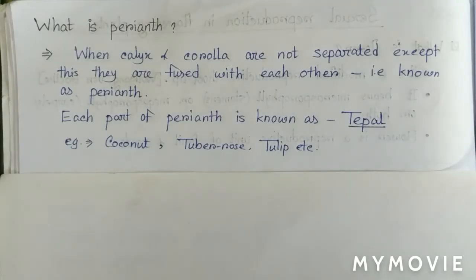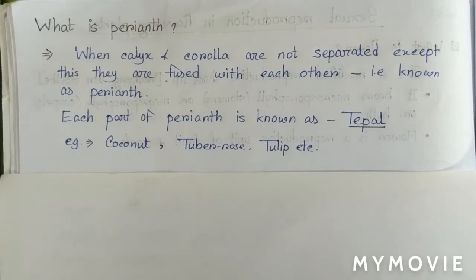Now the term perianth. What is perianth? When calyx means sepals and corolla means petals are not separated, they are fused together and form a structure or tube-like structure that is known as perianth. Perianth is the summation of calyx part and corolla part.